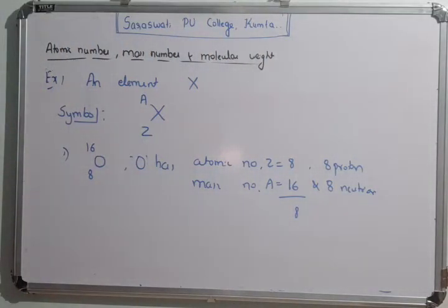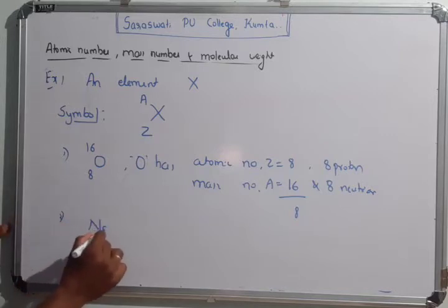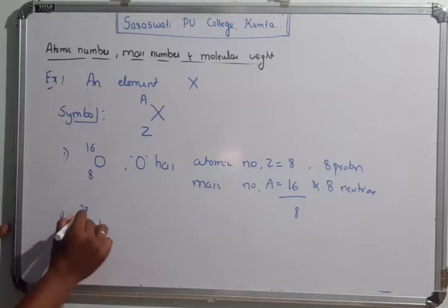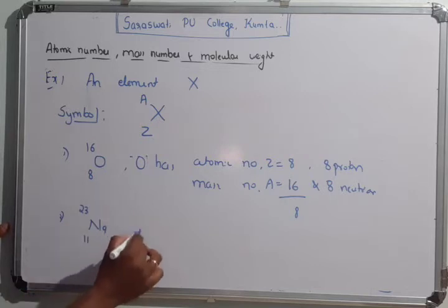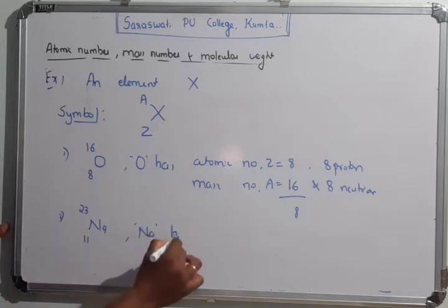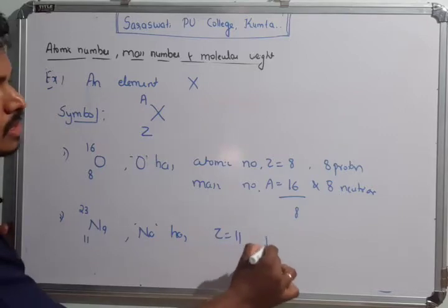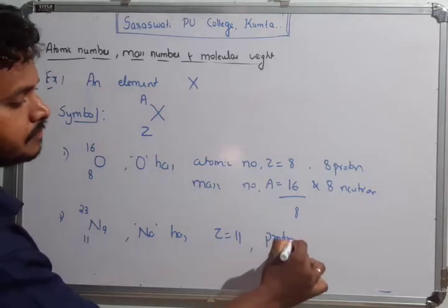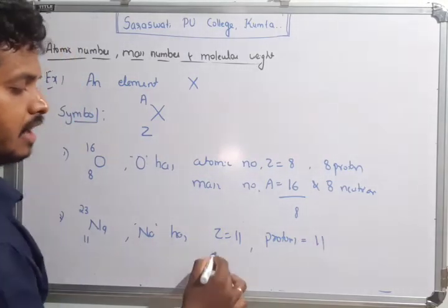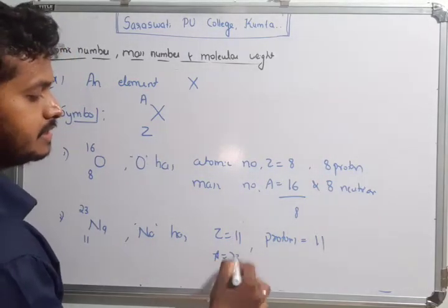Clear? Here we can write for some other element also. For example, sodium we write like this, Na with 11 and 23. What does it indicate? Sodium, Na, has Z value 11, that is 11 protons, and A value 23.